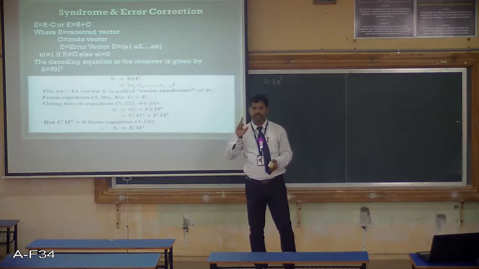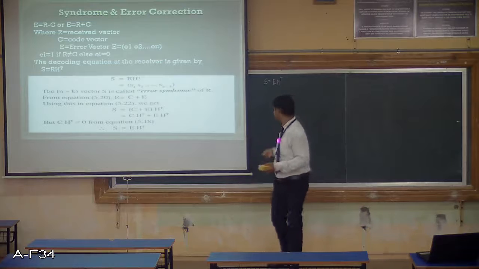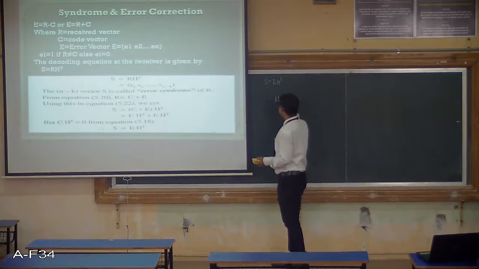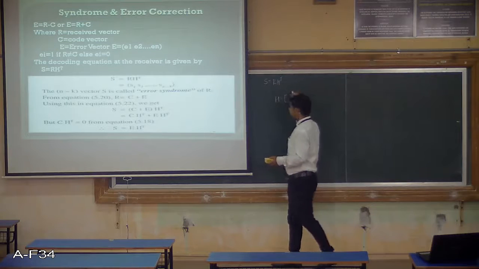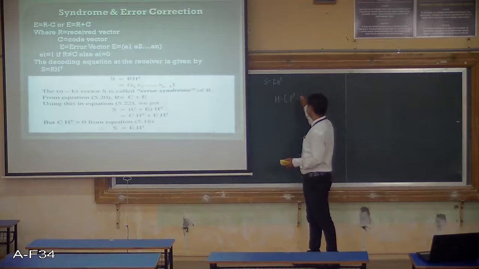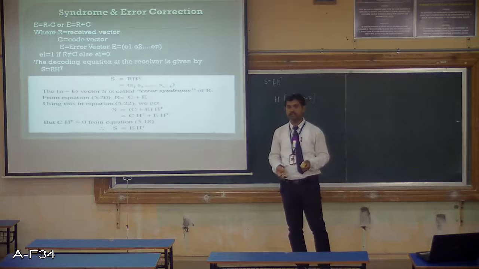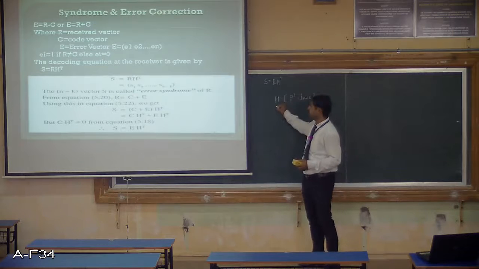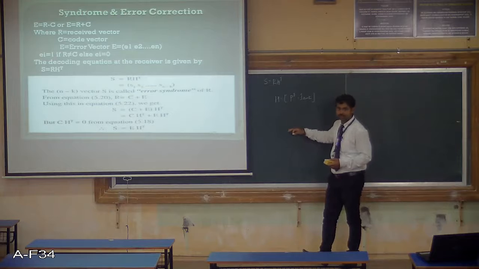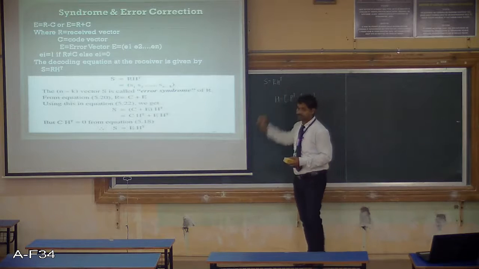We have already defined G and H. H is very simple: it is P transpose followed by I of n minus k. If you have G, I can easily produce H. This is the parity check matrix, and if you take the transpose of this, that is H transpose.